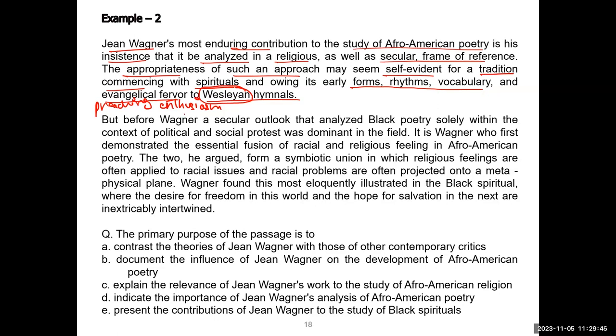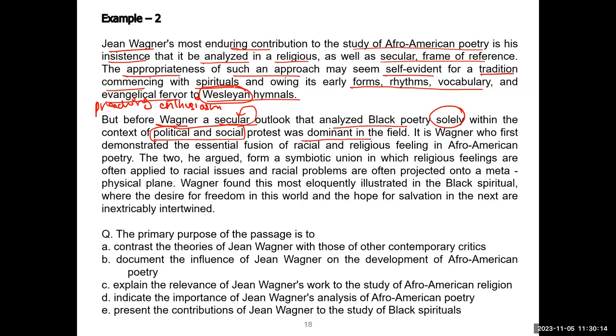Now, before Jean Wagner, whenever people analyzed Black poetry, they would look at it only and only from a secular angle. They would never look at it from a religious angle. They will only look at it from the political and social angle. Political and social means secular, non-religious. This was dominant.